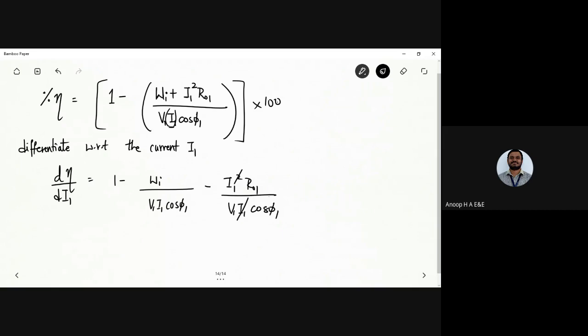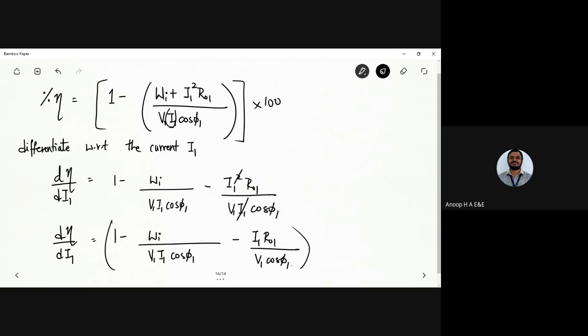So I1 gets cancelled, and I can write these terms here. So d by dI1 of eta would be equal to 1 minus Wi divided by V1 I1 cos phi 1 minus I1 RO1 divided by V1 cos phi 1.